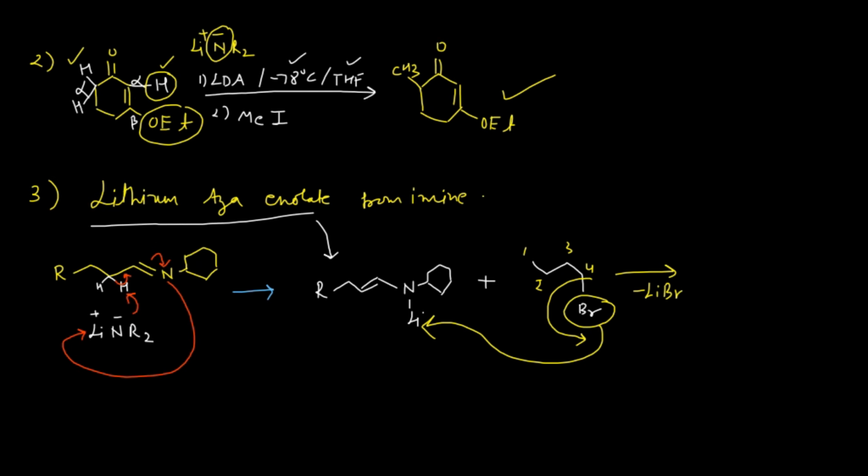And this particular carbon number 4 will attack onto this particular carbon atom. And then you will form your compound. See carefully how actually I am writing my compound. This is very, very important.